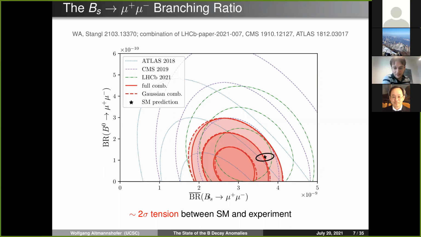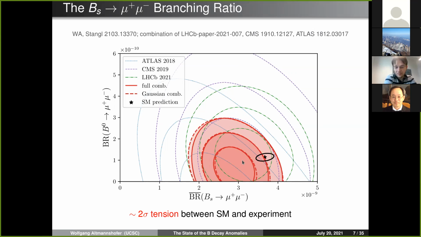In particular, the B_s to mu plus mu minus branching ratio, as measured by ATLAS, CMS, and LHCb, is just below 3 times 10 to the minus 9 or so, while the standard model prediction is more like 3.6 times 10 to the minus 9. So that's a slight tension.